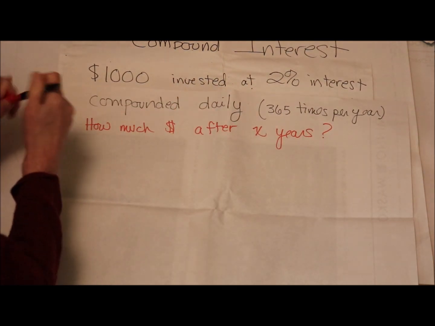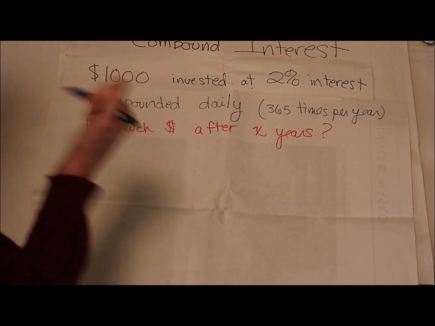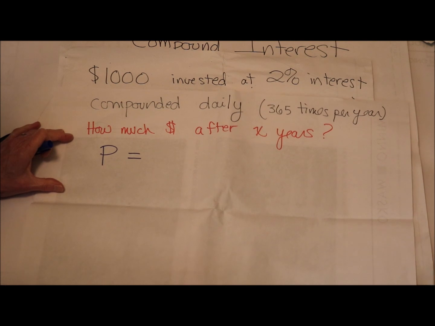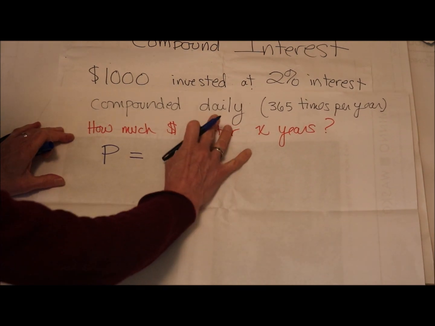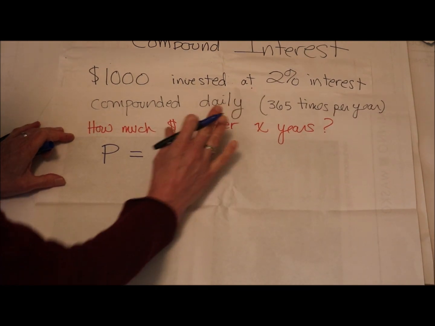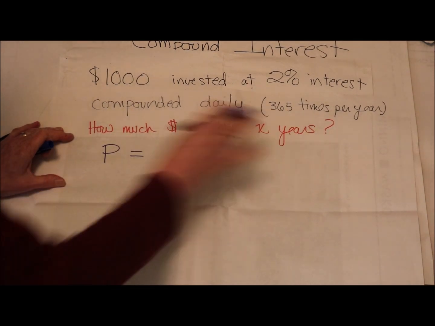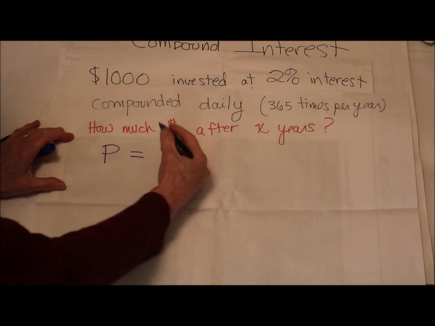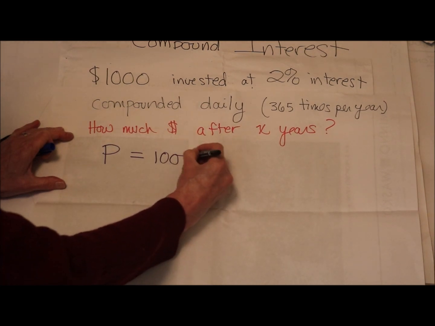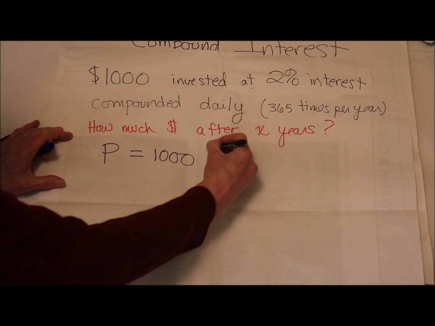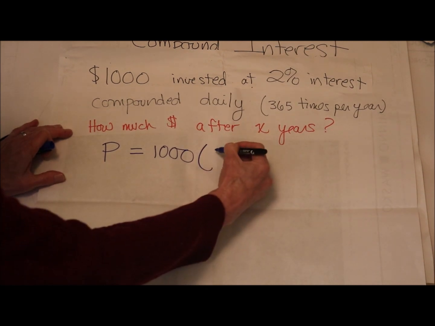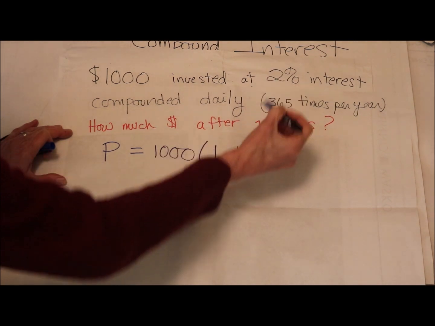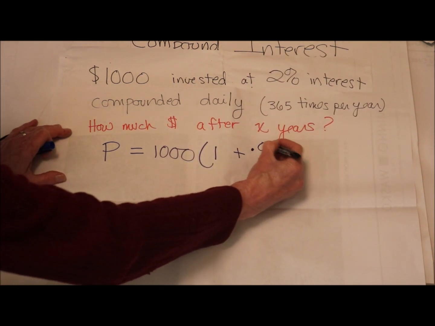Write an equation that's going to give you the amount of money, let's call that P. If you invested $1,000, 2% interest, compounded daily, 365 times per year, how much money would you have after X years? All right, let's try it. So here's my starting amount of money, $1,000, times 100%, which in decimal land is 1, plus 2%, which in decimal land is 0.02.